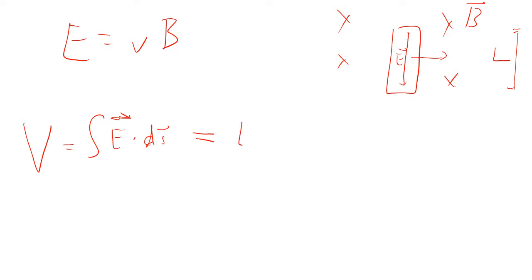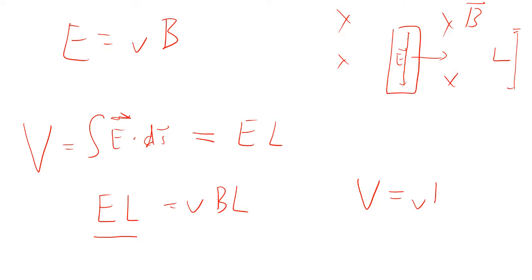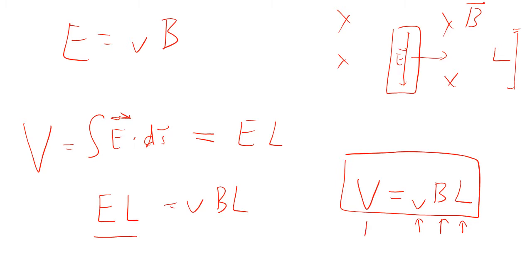Everything's constant, so it's just going to be E times L. So if I multiply both sides here, E times L equals vBL, that means the voltage, because this is now voltage right here, is going to be equal to vBL, where little v is velocity, B is the magnetic field, and L is the size of the object. And so that gives rise to this voltage here.